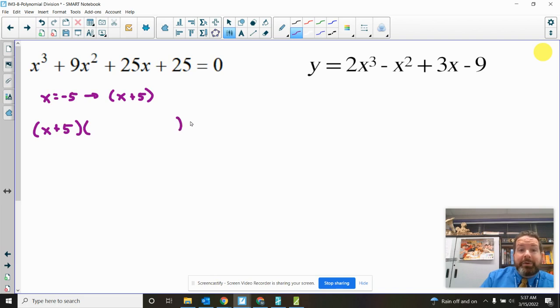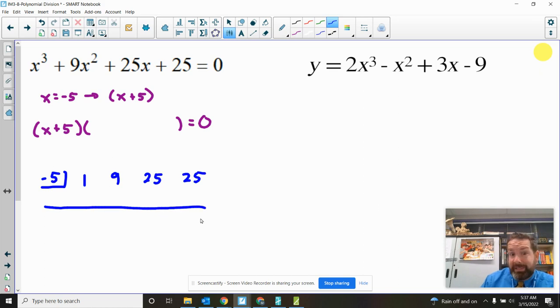To find the other factor, which will end up being a quadratic, we do need to do some division. So the root number goes in the box, the negative 5, because that's the number that would make the factor equal to 0. All right, you do your synthetic division. I'll do mine.